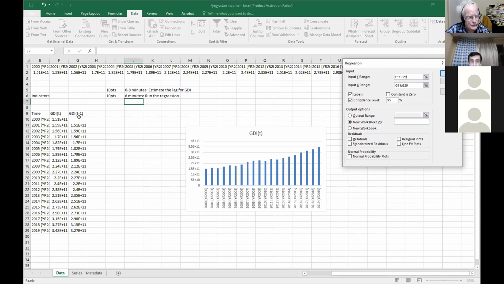I have removed the first year since we had a missing observation for the lag there. It's always a good idea to check off labels, since that will give a name to each variable. And then I'm going to put all this on a new page. And finally, take a look at the standardized intervals.